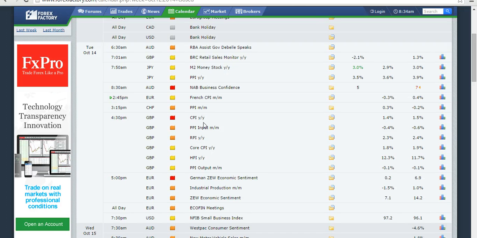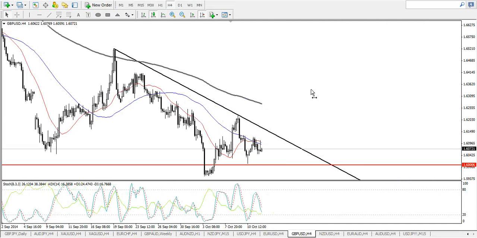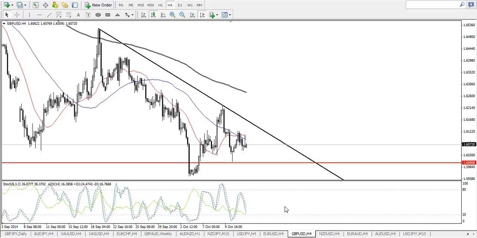We might expect disappointing inflation data because of an economic slowdown in the eurozone, and the euro is one of the biggest trading partners for the UK. So right now I think we should just wait for the data before we decide on anything.